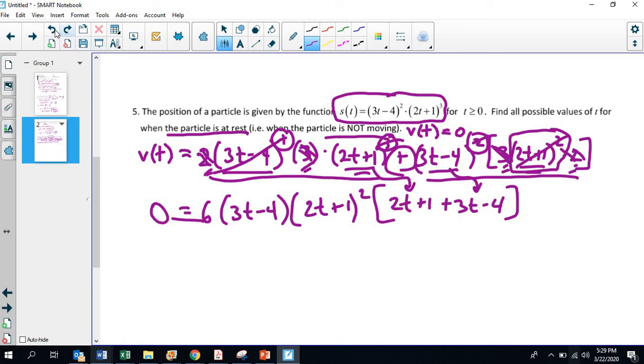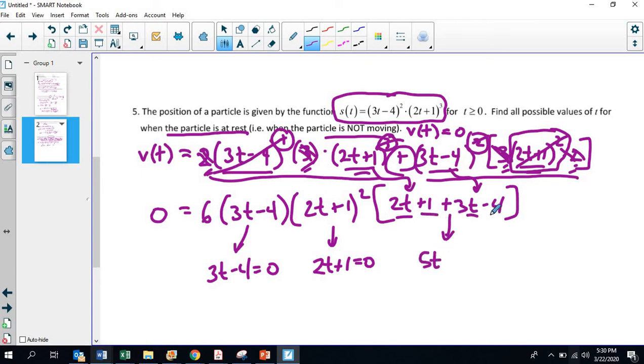There we go. All right, so we want to set this equal to 0. So we have 3t minus 4 is equal to 0. And we have 2t plus 1 is equal to 0. And then we have this thing, which if you put them together, you get 5t, and you get a minus 3, and that's equal to 0.